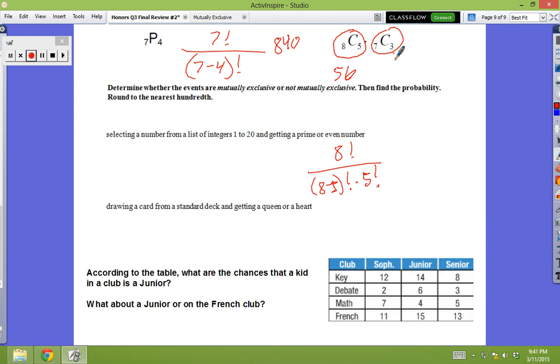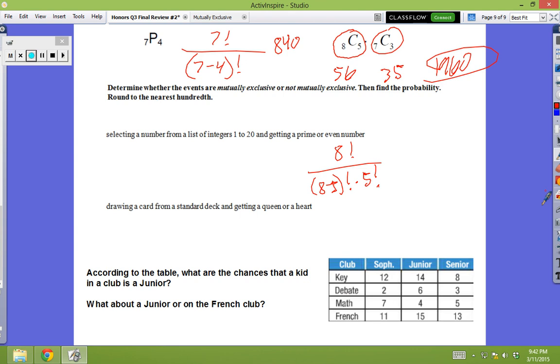And the next one, if I set up that formula the same way, gives you 35. So if I multiply 56 by 35, I get 1960.